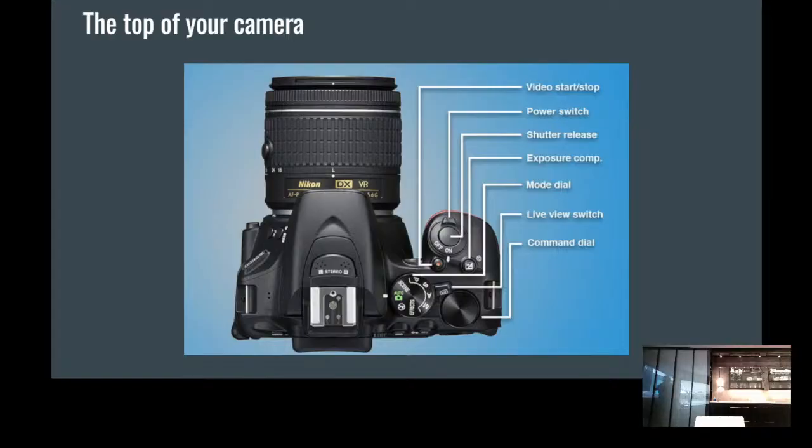Exposure compensation. It looks like a yin and yang symbol. There should be a black plus, white minus. You'll see that somewhere in the camera. On the Canons, it might be on the actual dial pad on the bottom. What that stands for is, when you're not in automatic, let's say you have all your settings set up on your camera and it's still too dark or still too light, you can click that and easily go more exposed or less exposed to bring in more light or less light.